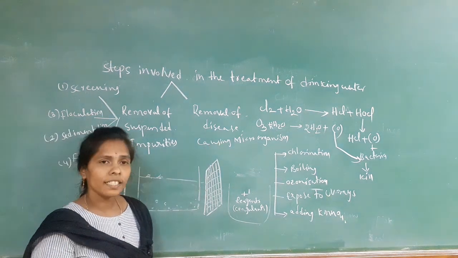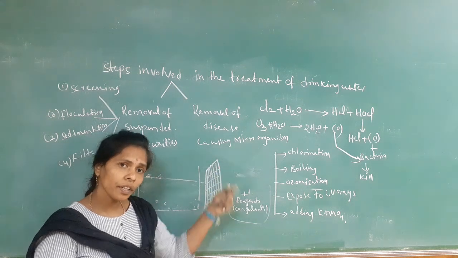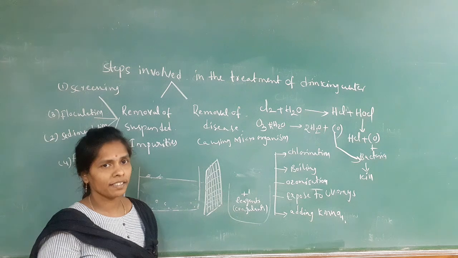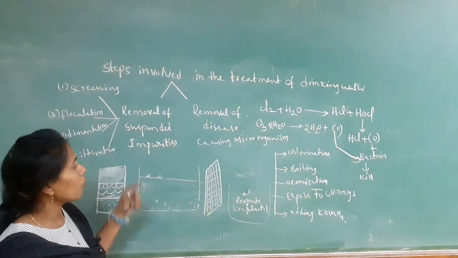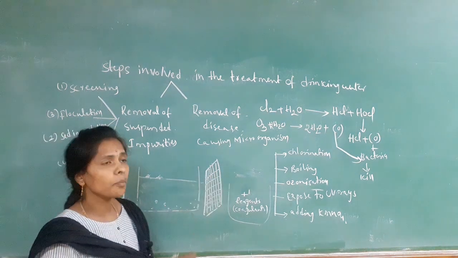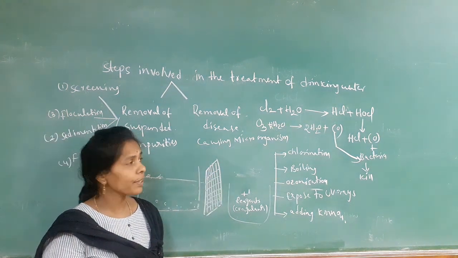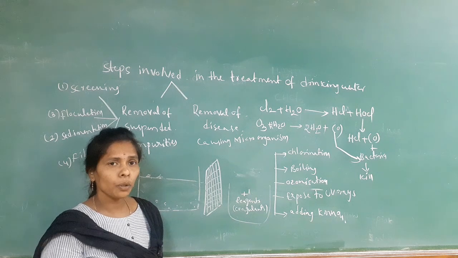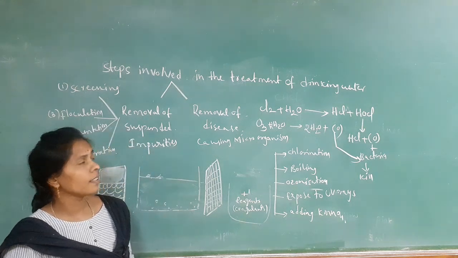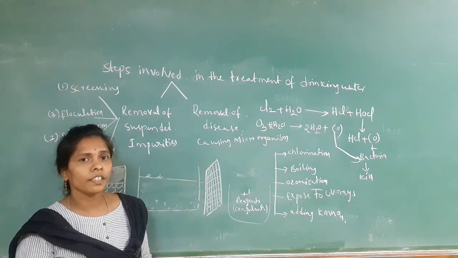But in removal of disease causing microorganisms, we have various techniques. One of the best techniques is chlorination and ozonization. Removal of suspended impurities is a step-by-step process, but for disease causing microorganisms, we can choose any one of the steps to kill the bacteria in the water sample. So these are the steps involved in the treatment of drinking water.